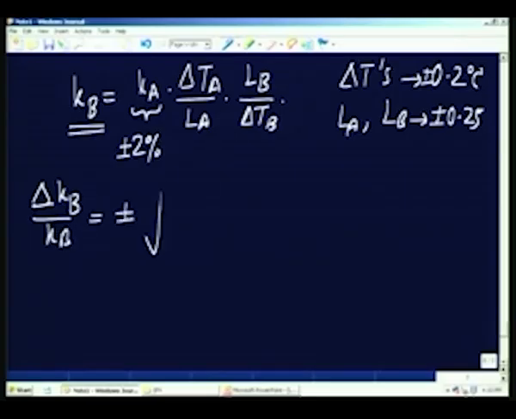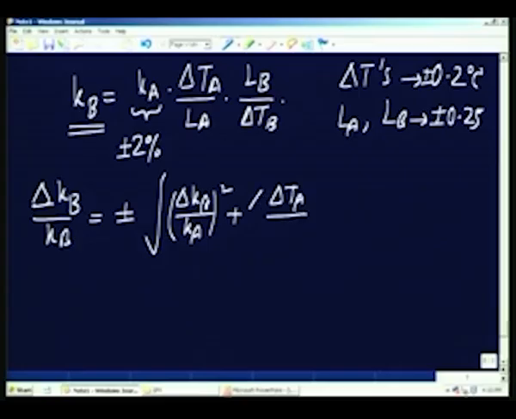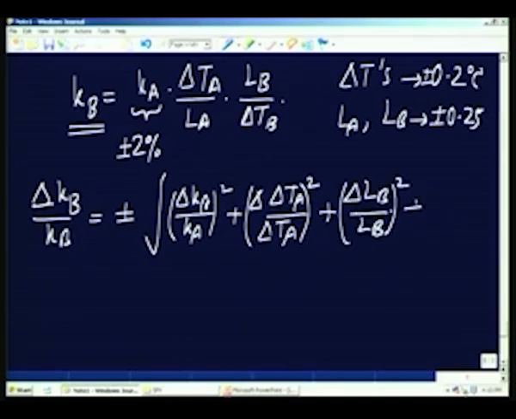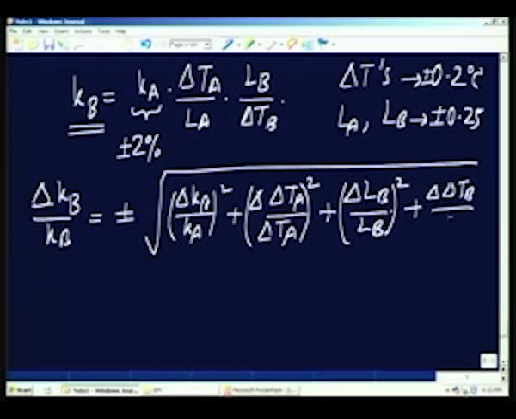It is equal to plus or minus the square root of delta Ka by Ka whole squared, plus delta Ta by Ta whole squared, plus similar terms: delta Lb by Lb whole squared, plus the same term involving delta Tb by Tb whole squared, plus delta La by La whole squared.